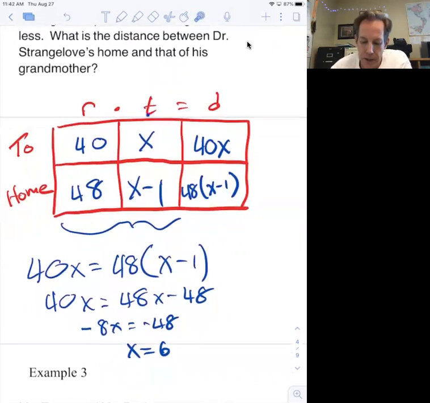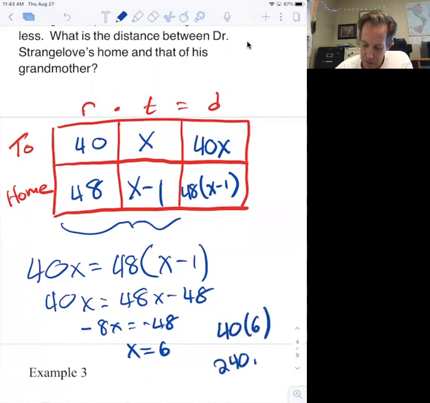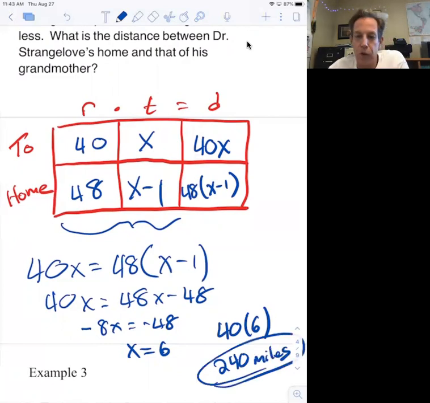We really just found his time driving there. That's what x represented. This over here is a distance. In fact, these distances are the same, so we could go to either box and plug x in, but it's going to be a lot easier to do it up here. So the distance then, to answer the question, is going to be 40 times 6, which is 240 miles. And that's our answer for number 2.